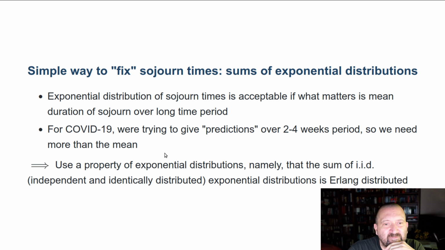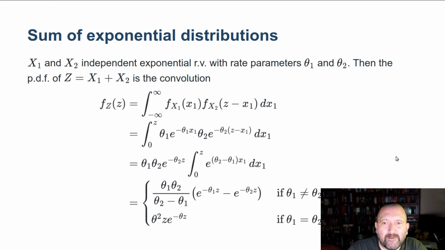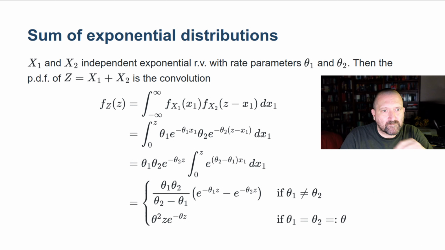But there's a nice property that allows us to work around this, and this is something that the exponential distributions have. If you have independent and identically distributed random variables of exponential type, then the sum is what's called an Erlang. Let me show you this briefly.